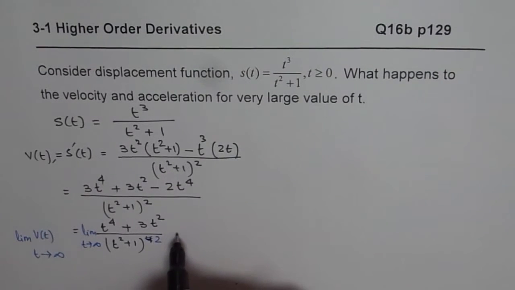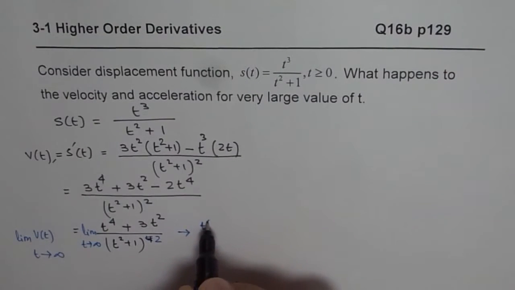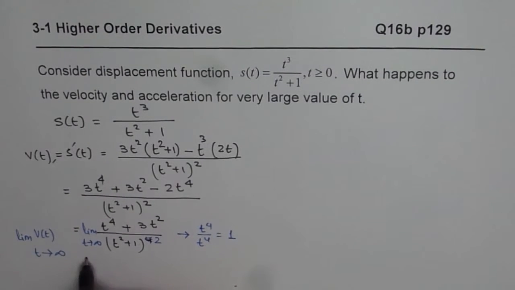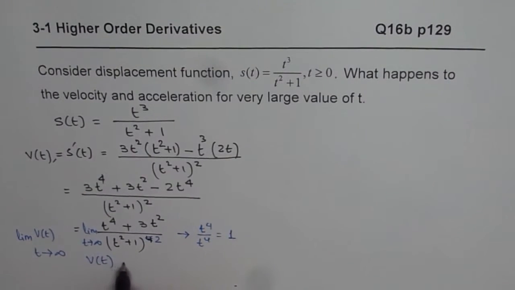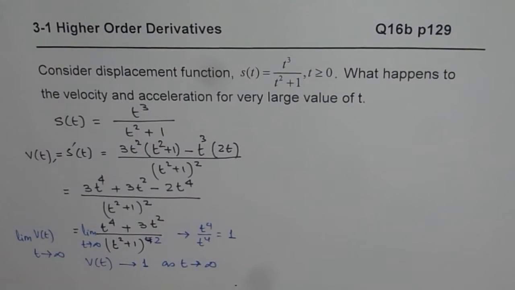So it basically approaches t to the power of 4 over t to the power of 4, which is 1. So what we find here is that the velocity v of t approaches 1 as t approaches infinity. That is how we can find this answer.